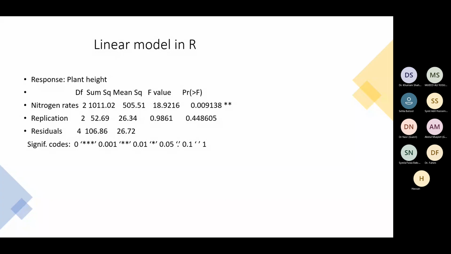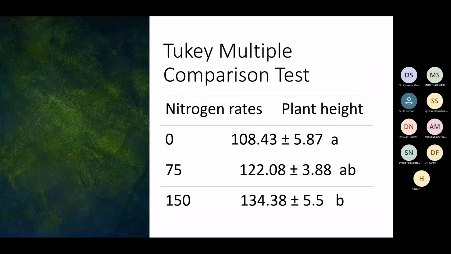In the next slide, you can see that 0 shows 108.43 plus or minus standard deviation 5.87, and then 122 and 134. The statistical lettering shows 0 with letter A, 75 with A and B, and 150 with B.